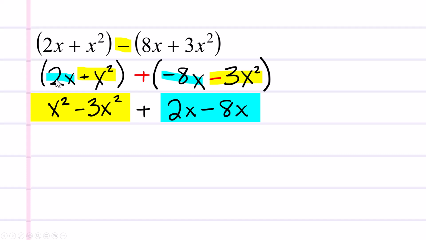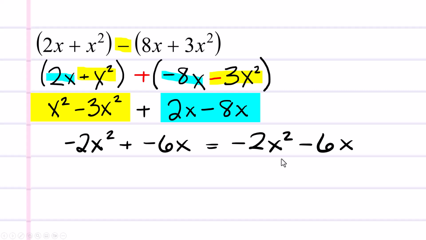So I have a positive 2x minus 8x. Combining these like terms, we end up with 1x squared minus 3x squared is a negative 2x squared plus, this is going to be 2 minus 8, that's negative 6x. We have a plus minus here, so I need to combine those into a subtraction. And that's our answer.